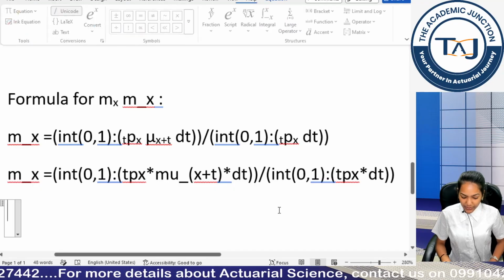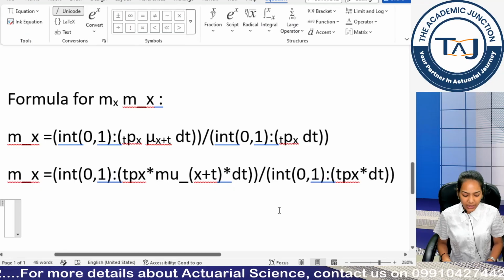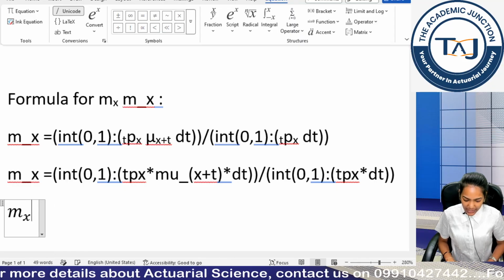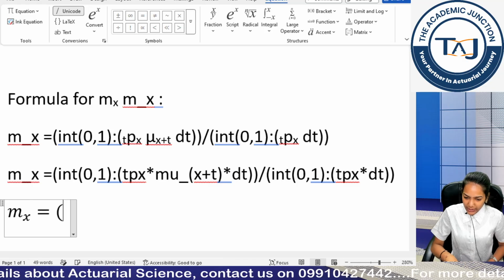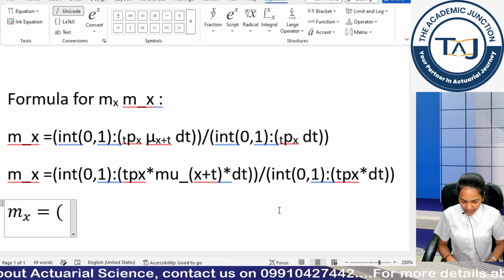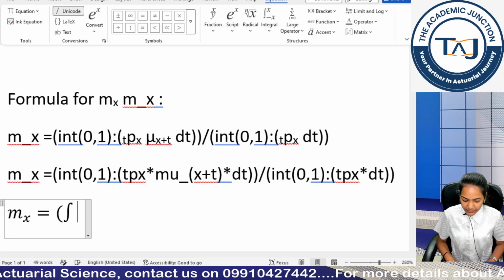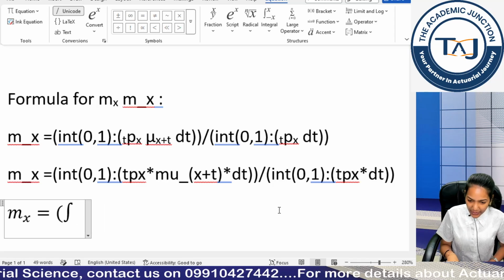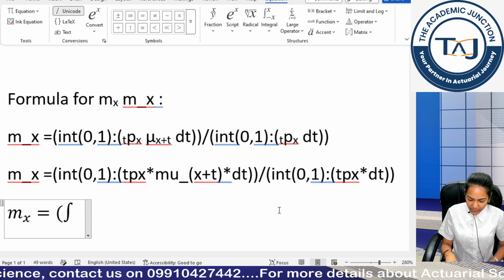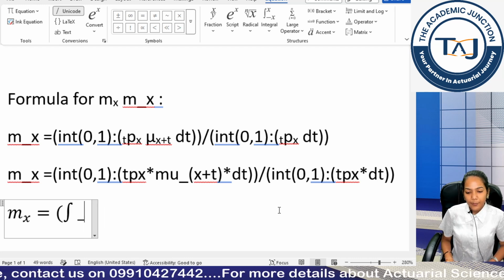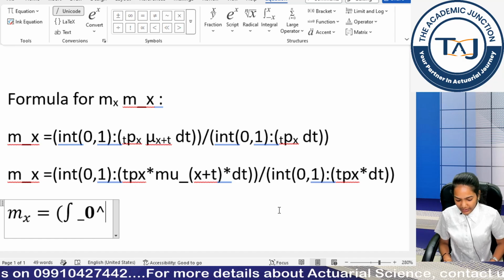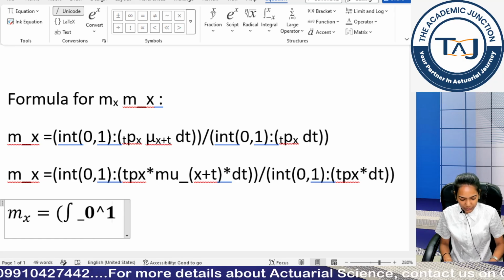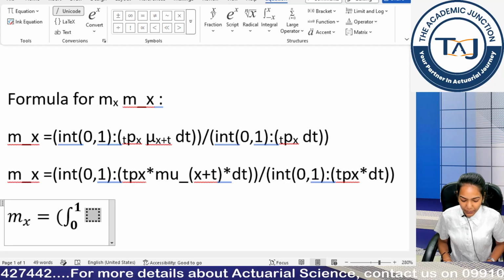Now if I use the equationator, the most awaited approach, simply m dash x, m underscore x is equal to, now for the numerator again I place the brackets, backslash int, then we are placing the limits. So how did we place the limits? We use this underscore sign for placing the lower limit, that's 1, then shift 6 to get this upper sign, so this is 1, space bar, we put in the limits.